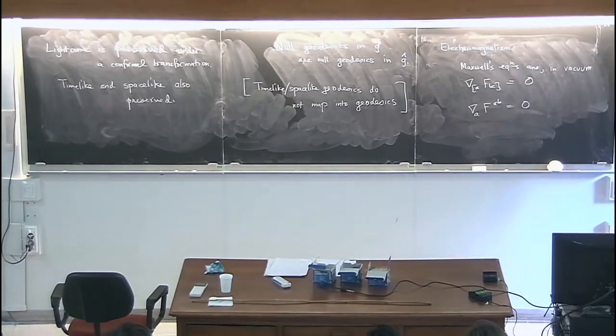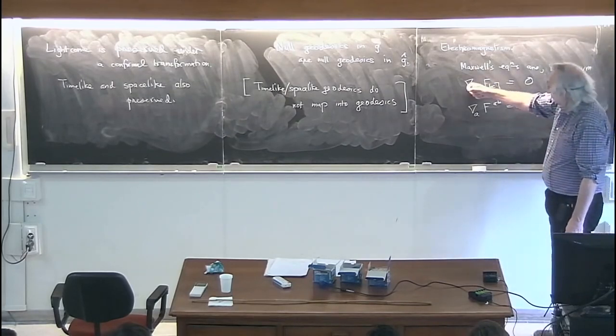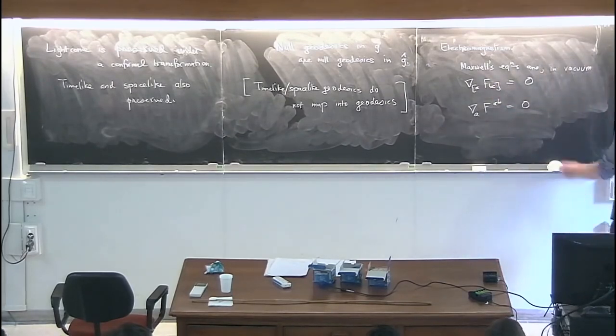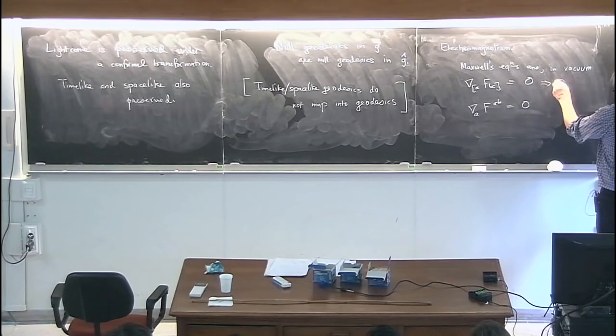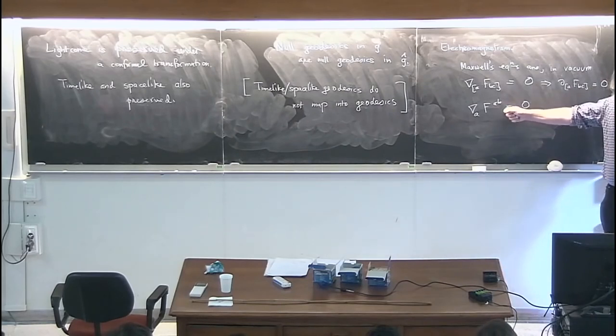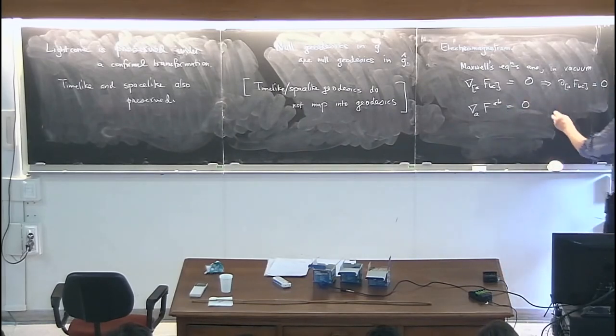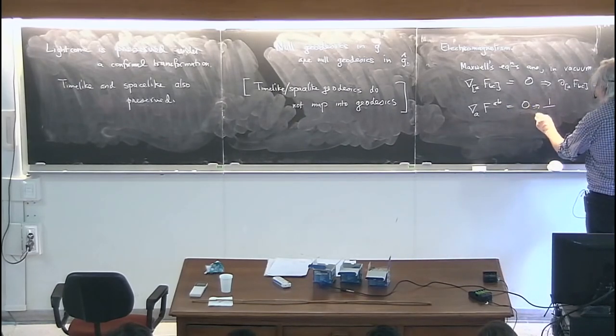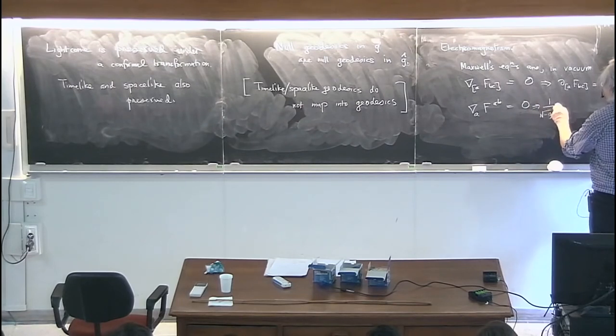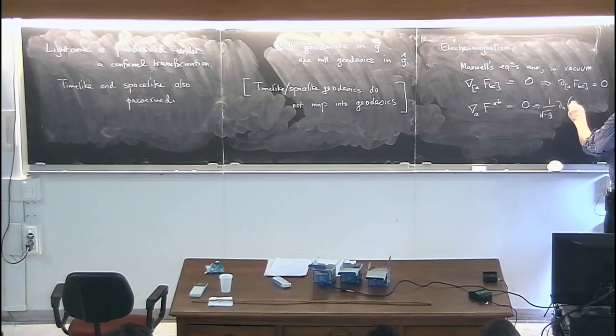Of course, we know that you can replace this covariant derivative by a partial derivative. And another way of writing the divergence of something is just to rewrite this as 1 over the square root of det g, d_a of square root of det g times F^{ab} equals 0.